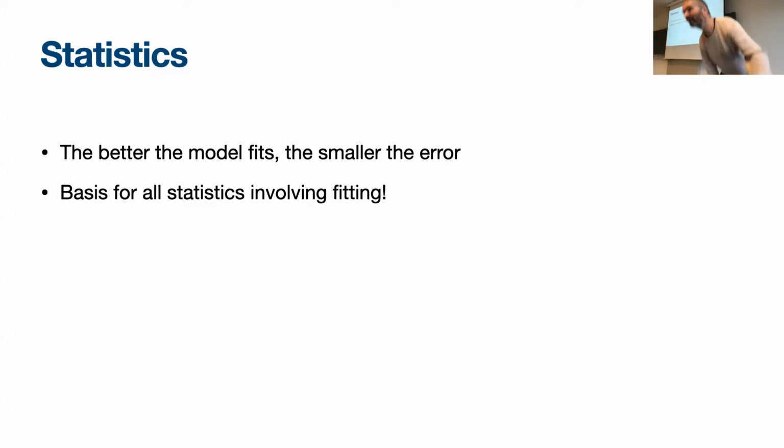So the crux of all this type of analysis is to get small residual errors. And as we progress, we'll also highlight how we can sometimes denoise our data, for example, if we have noise that we actually know the origin of.